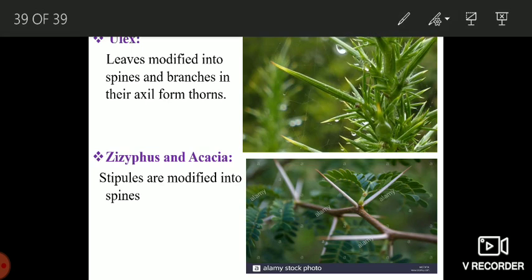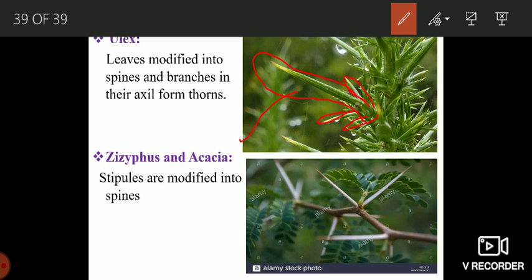Here you can see these small spines are actually the modified leaves, and the axillary buds in the axils of these leaves form the thorns.